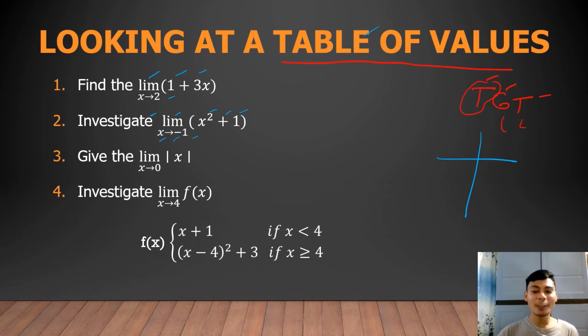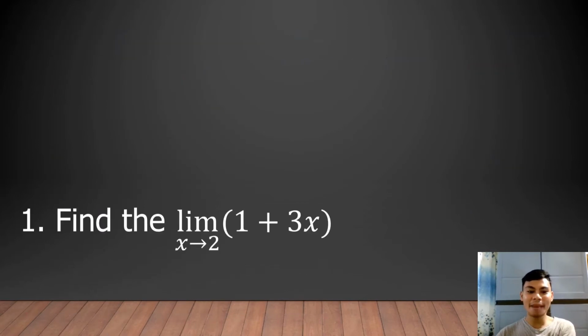Read with me, even if it is just reading. This is your first learning in my video, the reading. Give the limit of the absolute value of x as x approaches 0, and investigate the limit of f of x as x approaches 4, in which f of x is a piecewise function. I'll explain later.